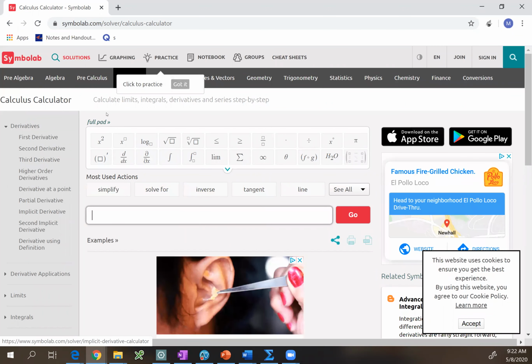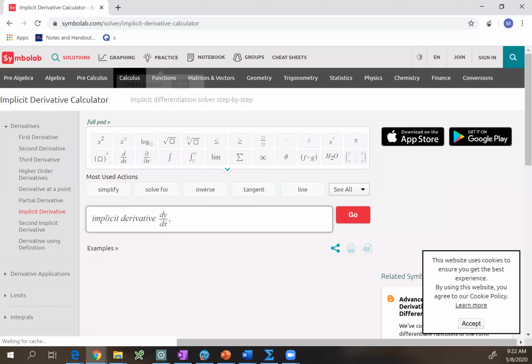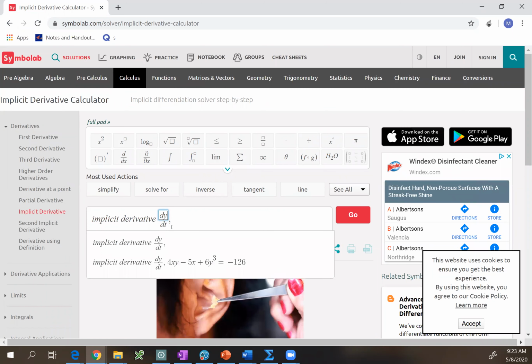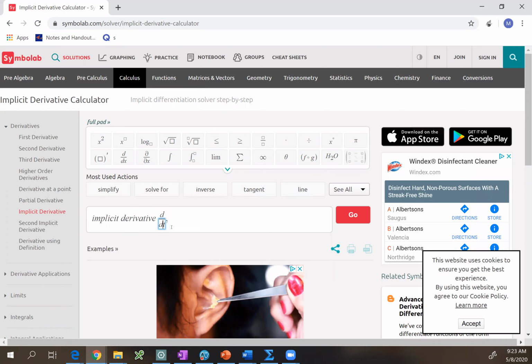So if we go to solutions and we hit calculus, it can do implicit derivatives. And so it says, do the implicit derivative with dy dx. Let's even see how it handles this, maybe even just d/dt. I don't know if it'll actually handle this.